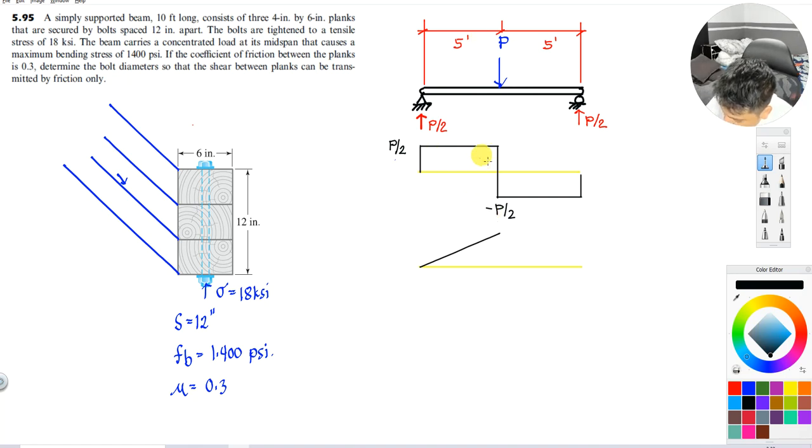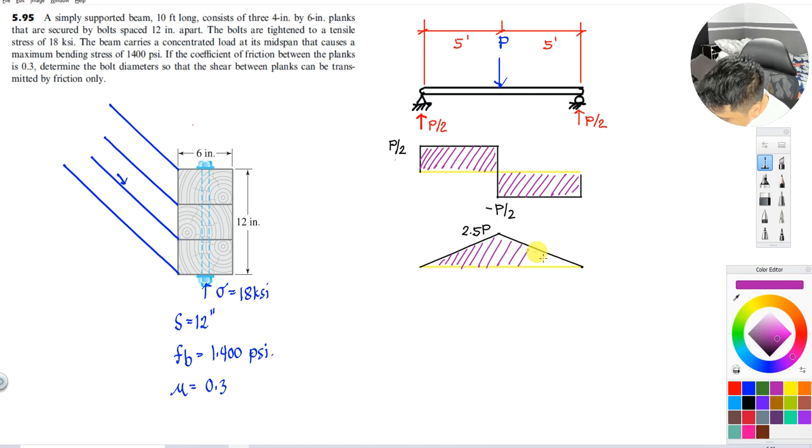So, 5 times P over 2, 2.5 of P. Okay. So, that is now your moment diagram. Alright? So, we have the shear diagram. And then we have here the moment diagram.